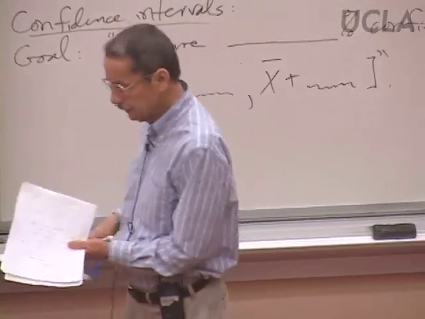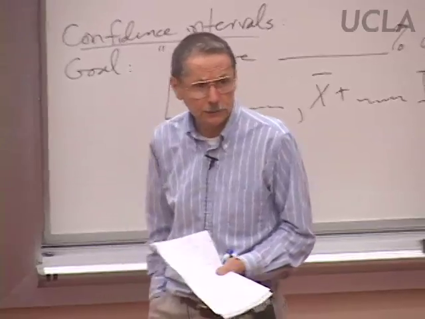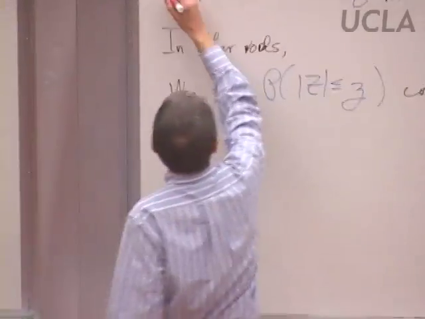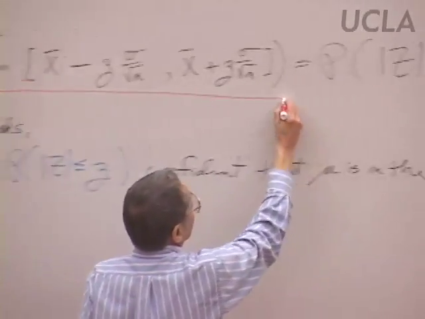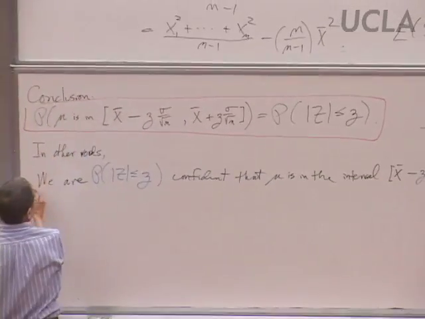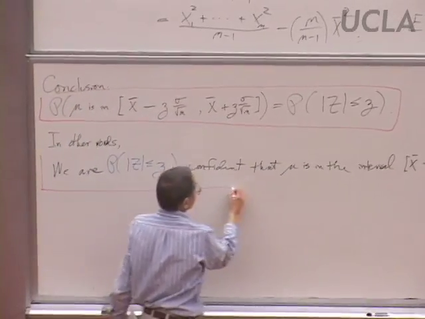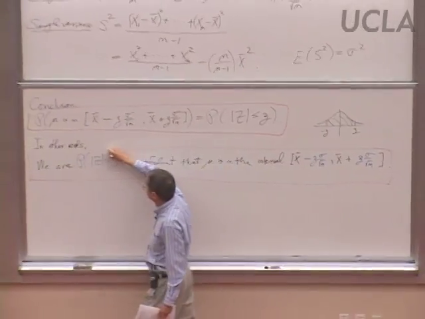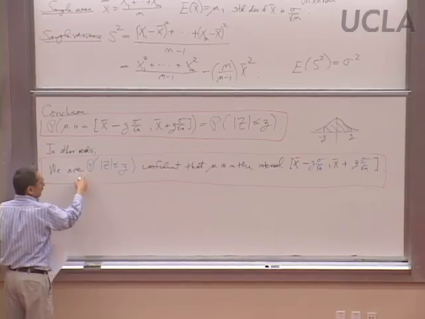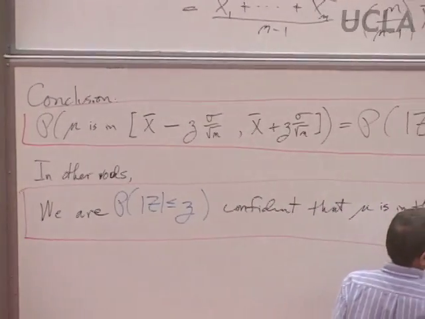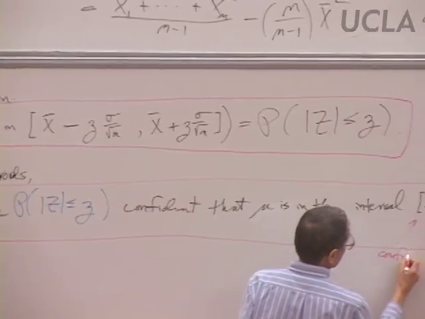Well, we'll refer to these intervals as confidence intervals. We have this equation between probabilities, but sometimes we want to say it like this, that we'll refer to this as a confidence interval.